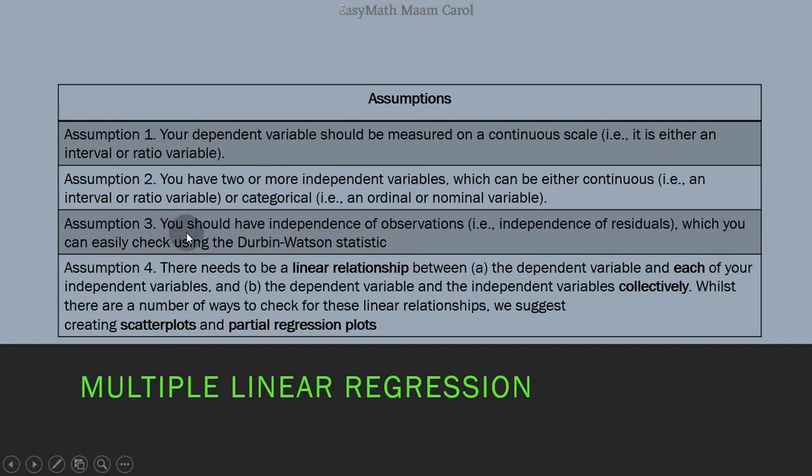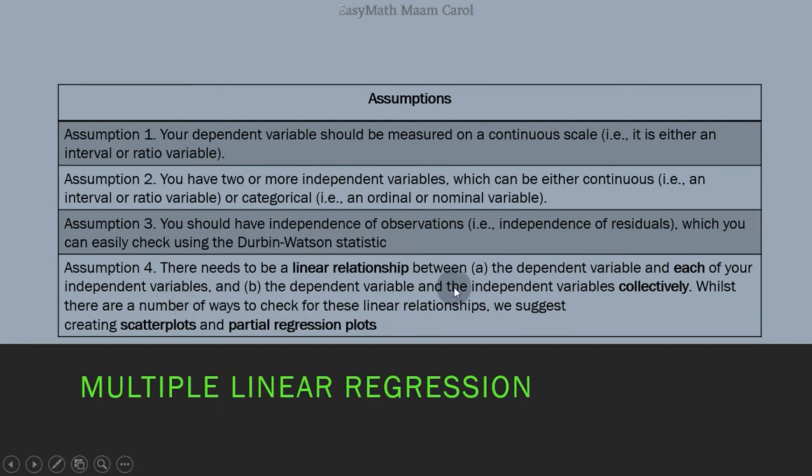In assumption three, you should have independent observation. Do another test. It was mentioned previously, Durbin-Watson statistic. And then assumption four, there needs to be a linear relationship between the dependent variable and each of your independent variables.